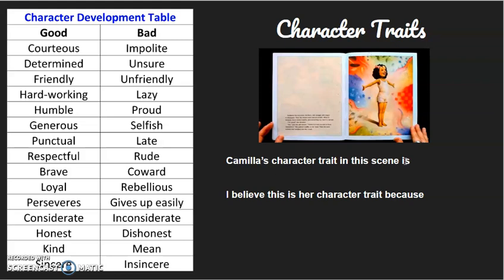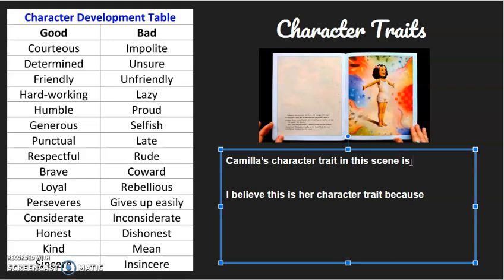Camila's character trait in this scene, and I'm just going to give you the answer. I would think that she was happy, but I want to find a stronger word for that. I don't really like the words happy, sad, mad. I don't feel like that is strong. So I want to think of some other things that she could be. She's happy. She's probably surprised that it worked. She's probably excited that this all worked and it turned out fine.